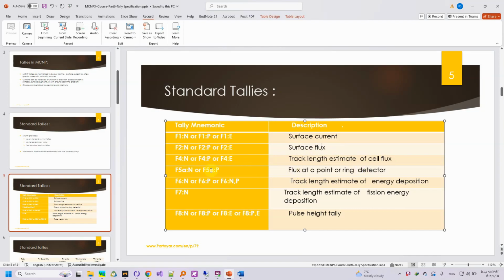F6 is a track length estimate of energy deposition. F7 is track length fission energy deposition, which we can use just for neutrons, for a critical source. And F8 is a pulse height detector, similar to the detector response in the real world.